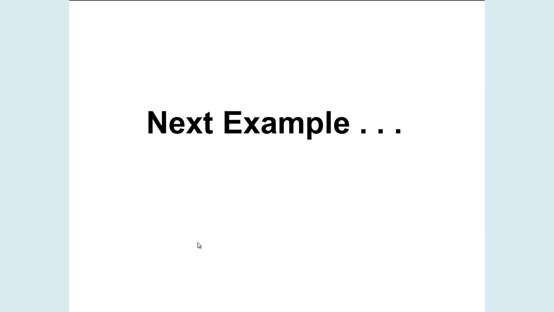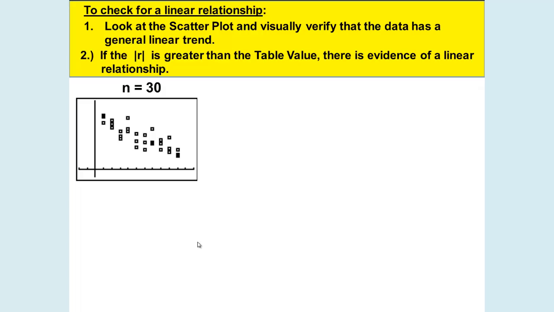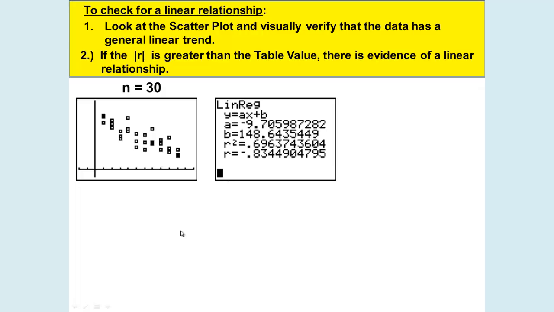Let's do another example. We have n equals 30, and for these examples, Ms. Borlaug is keeping some things the same. Notice that this is a different scatter plot. When we get our screenshot for the regression, we have different numbers.